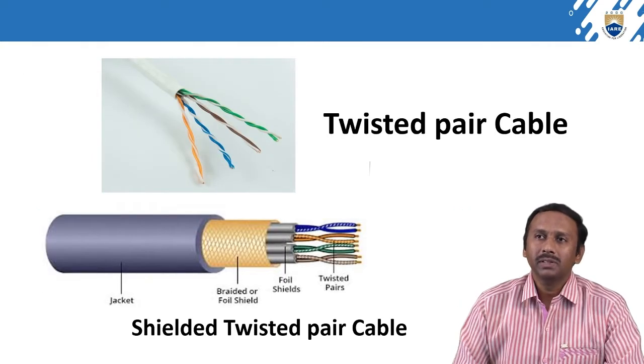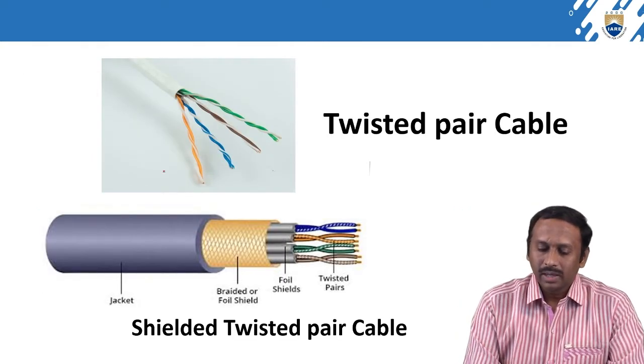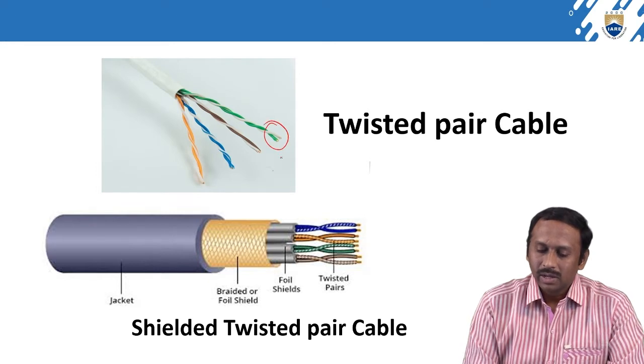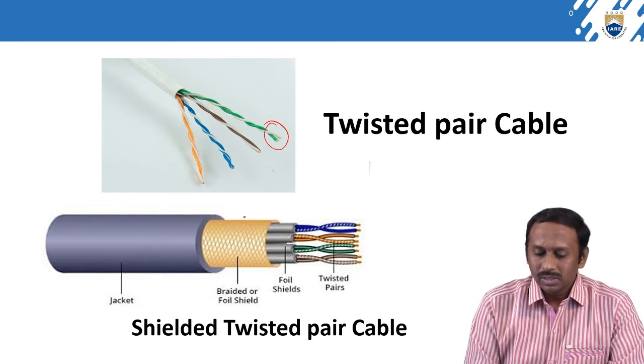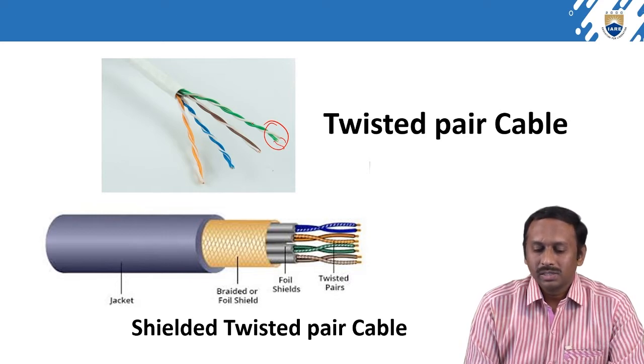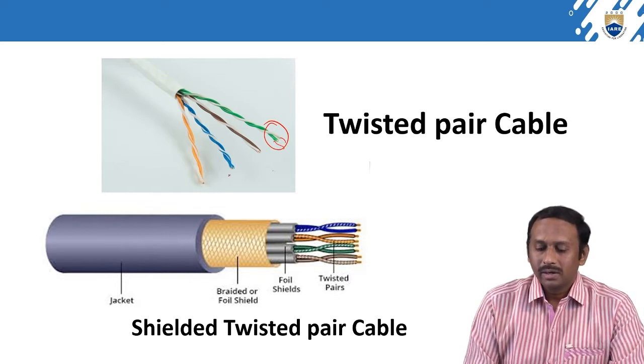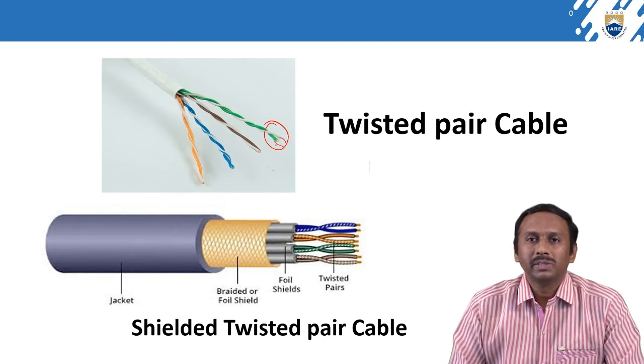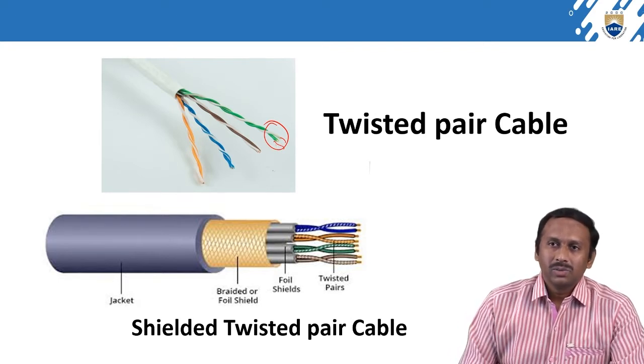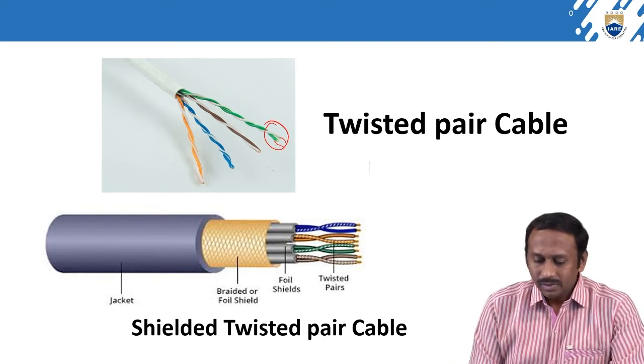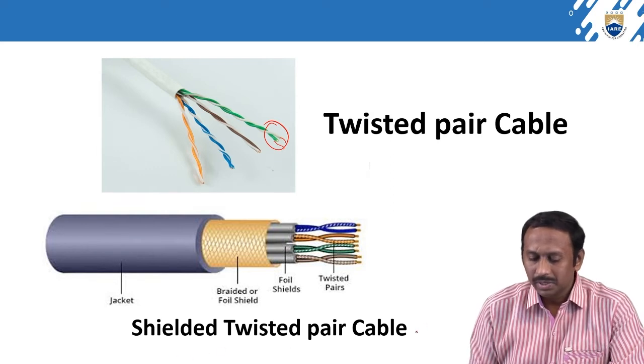Here is an example of how twisted pair looks. This is white and green, and there is a copper wire here, insulated with this material, and with this it transmits the data. Next is a shielded twisted pair cable.